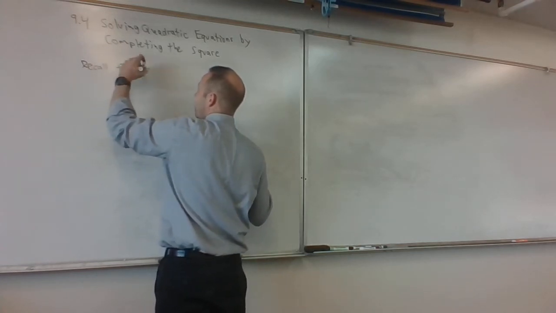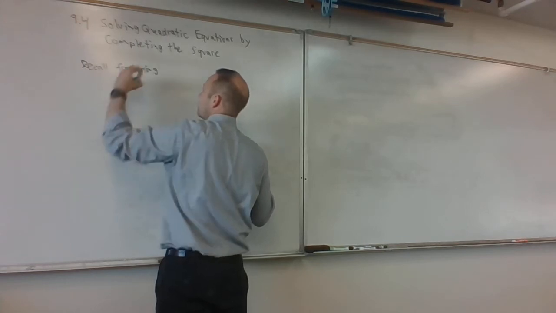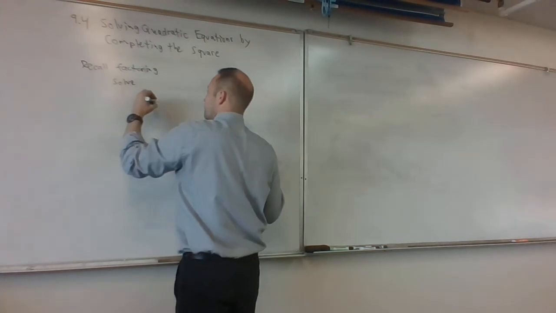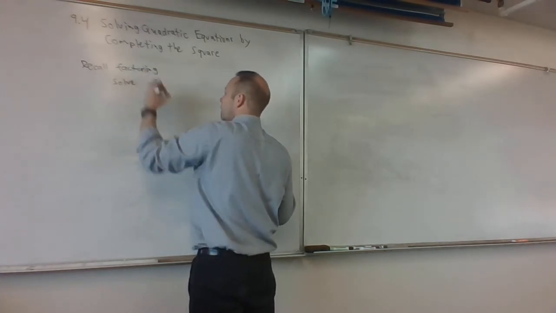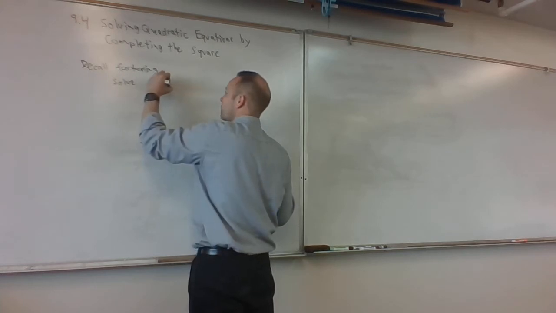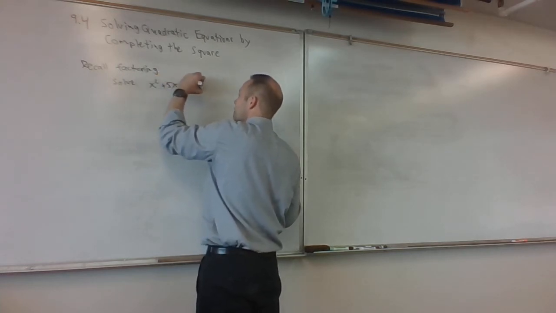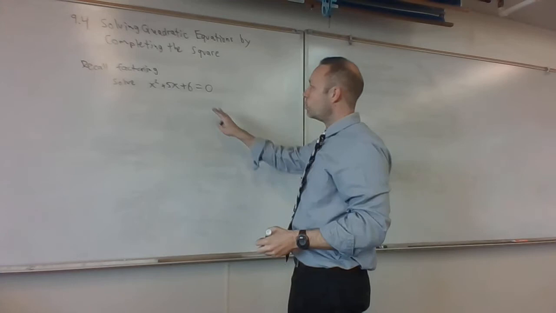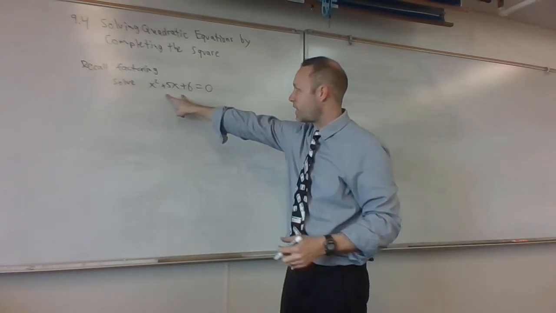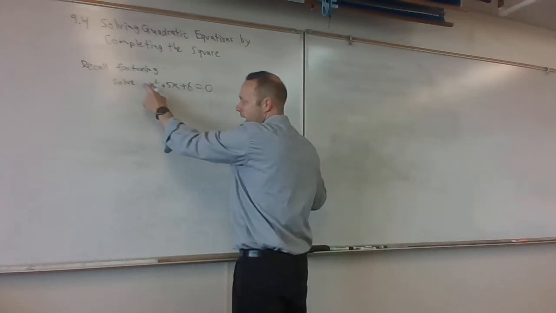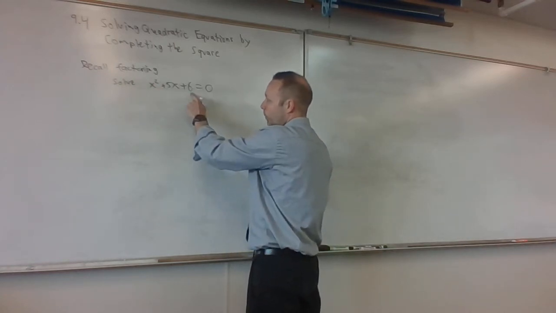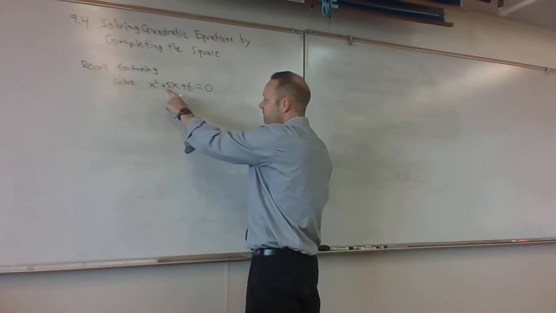Let's say we have x squared plus 5x plus 6 equals 0. We have equals 0, cool. Now let's see if I can factor this left-hand side. I have a 1x squared, so I can look for two numbers that multiply to be 6 and add to be 5.